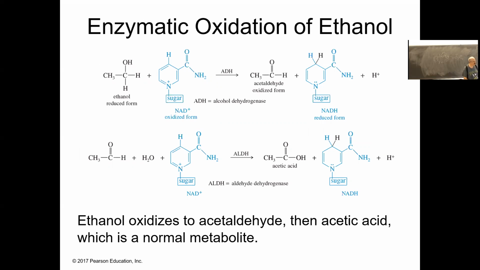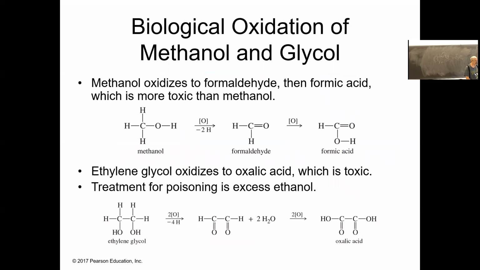Right, so here's the enzymatic oxidation of ethanol. It's first converted to acetaldehyde, then acetaldehyde is converted to acetic acid. Methanol is oxidized to formaldehyde, then to formic acid.